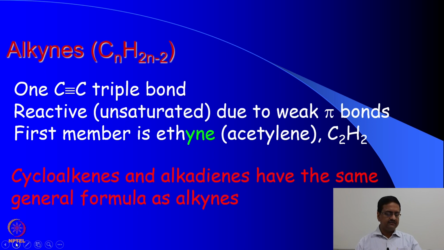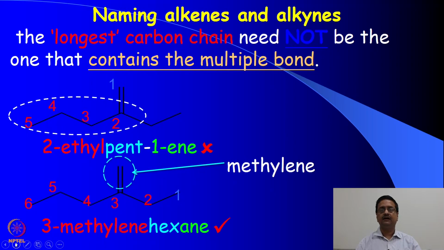And you may have noticed that cycloalkanes and alkadienes have the same general formula as alkynes. So, we will continue understanding the names of alkynes and alkadienes in these upcoming slides.